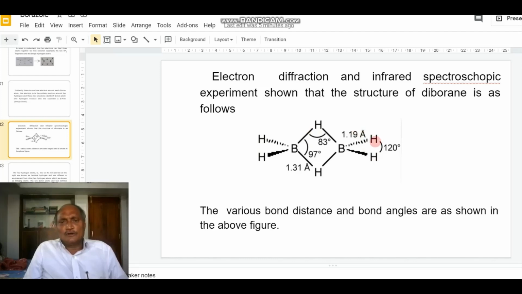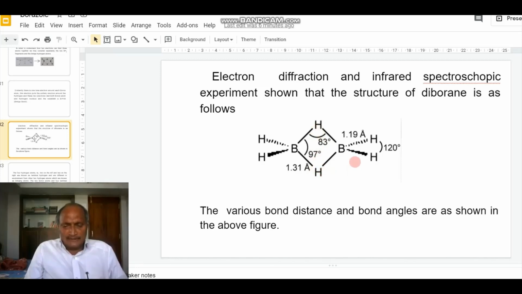Out of 6 hydrogen atoms, the 4 hydrogen atoms, that is 2 on the left side and 2 on the right side, are known as terminal hydrogen atoms and are different in environment from the other 2 hydrogen atoms, which are known as bridging hydrogen atoms.